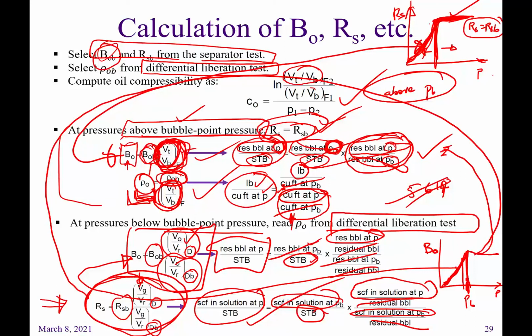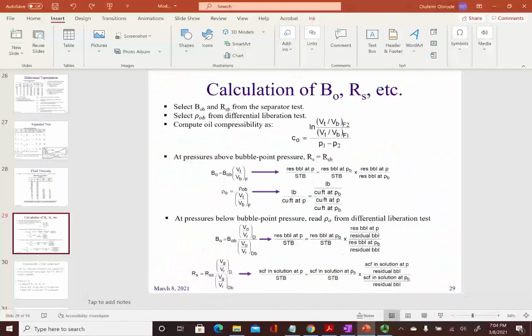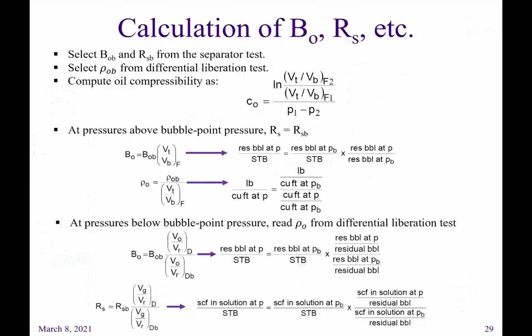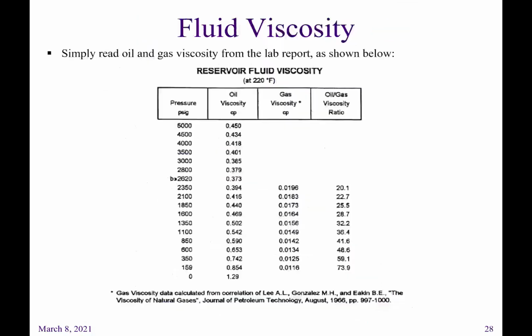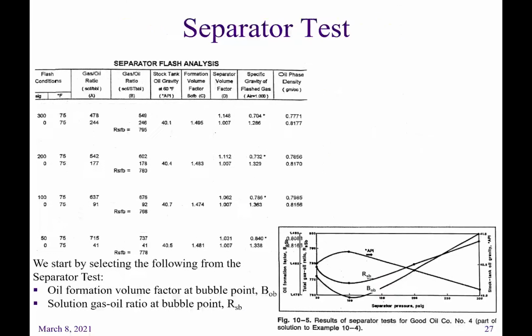And that pretty much summarizes the different properties you can obtain from PVT data. So I cleaned it up so everything is clear again, and that's how we calculate the different parameters we need using data.